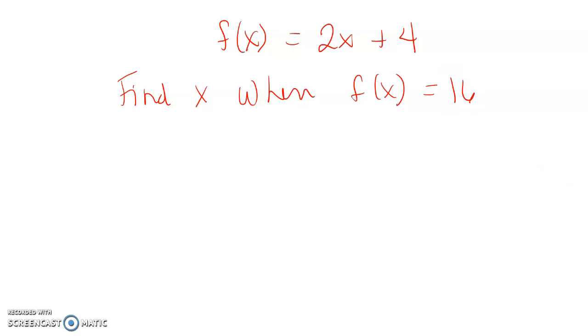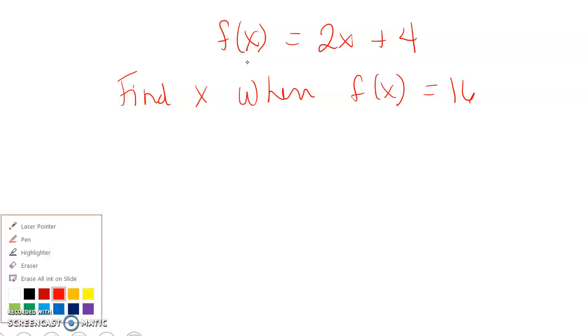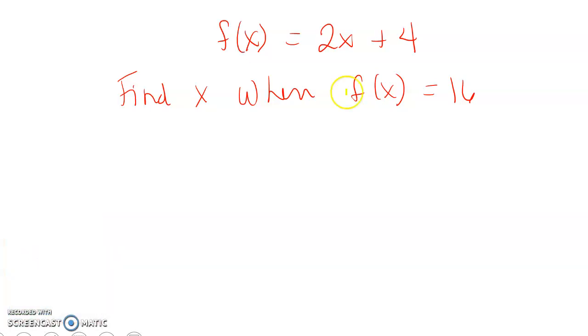This one's different. I don't have an input, okay? To have an input, it has to be in parentheses, and an input is x. What I have instead is the name of the function, f of x. So it's saying f of x is, because equals means is, 16.